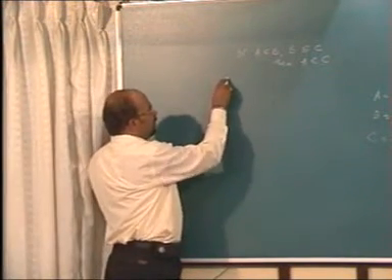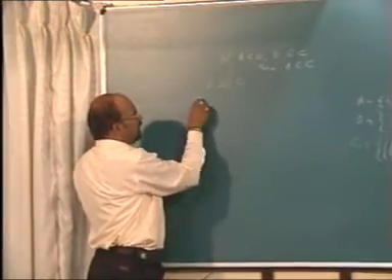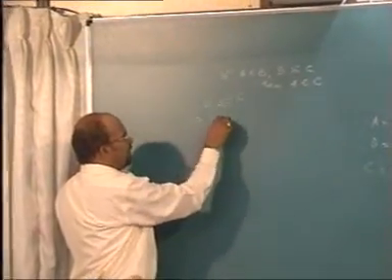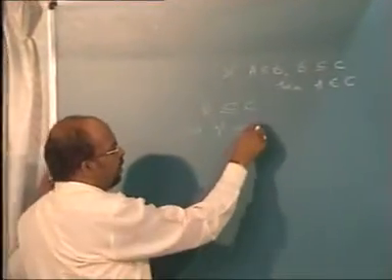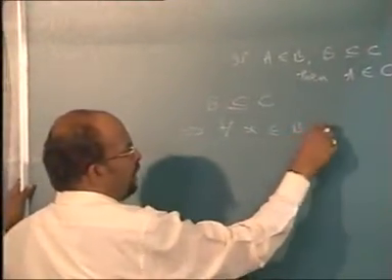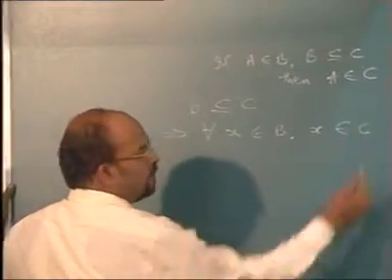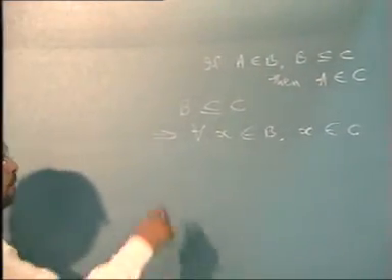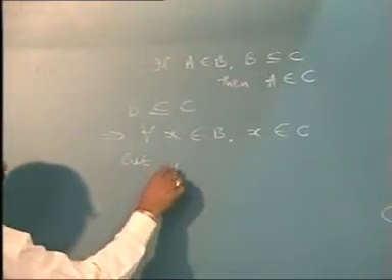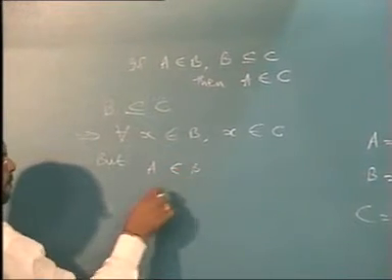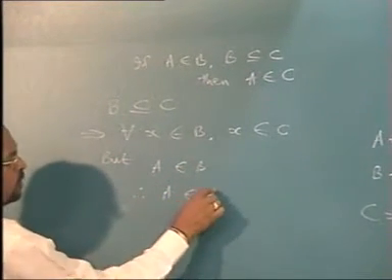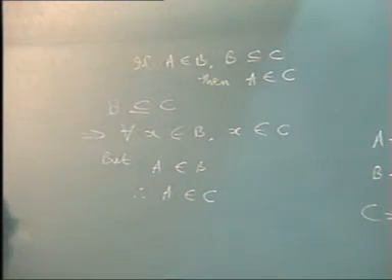It says that B subset of C implies that for every X which belongs to B, X will belong to C. But A belongs to B. Therefore, A belongs to C. True, straight.